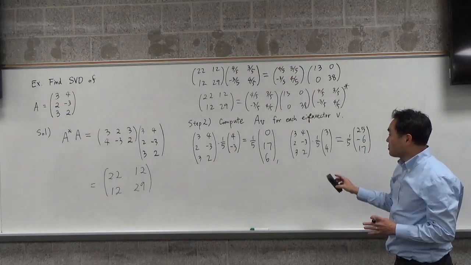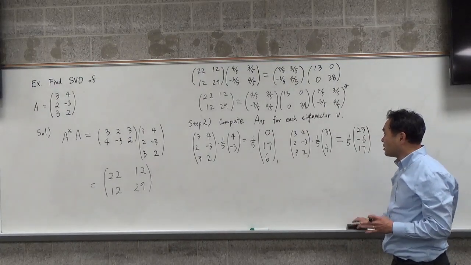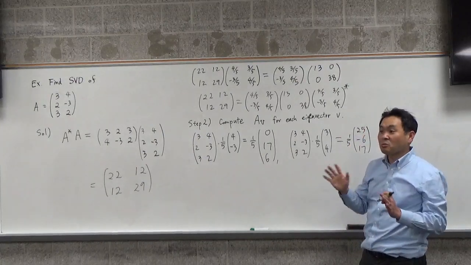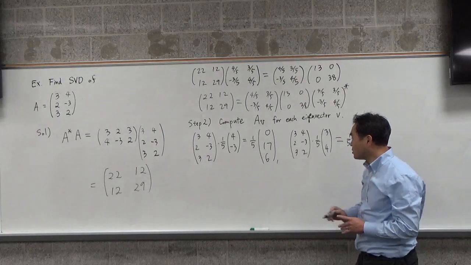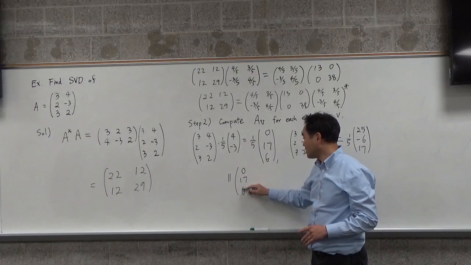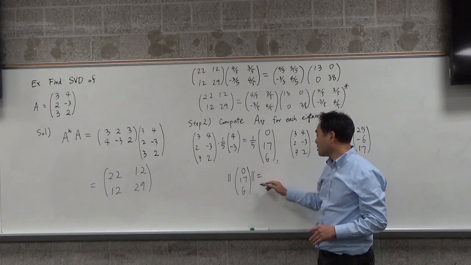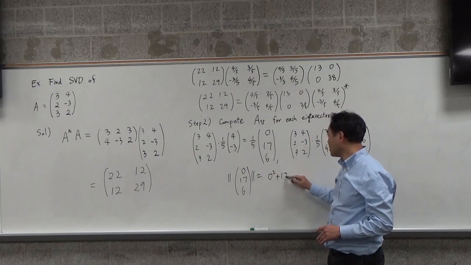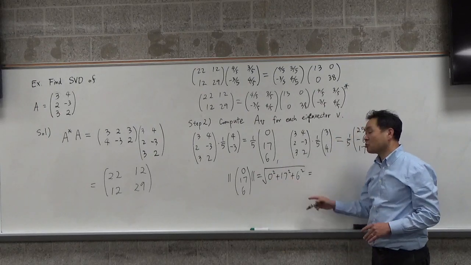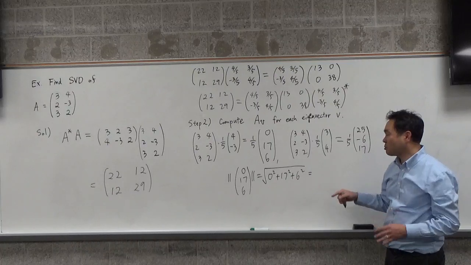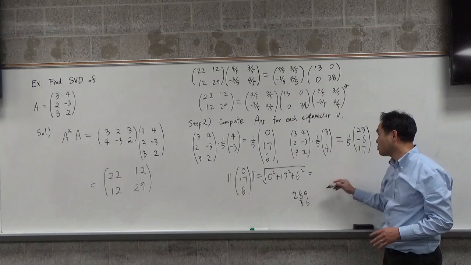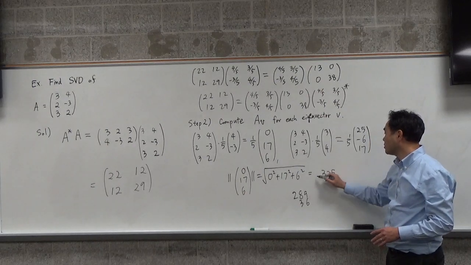So, and then what you have to do is, now you have to make these normalized as well. So let's try that. What is the norm of 0, 17, and 6? Well, that's the square root of 0 squared plus 17 squared plus 6 squared. 17 squared is 289. By the way, I have those memorized. So you have 289 plus 36. It's going to give you the square root of 325.